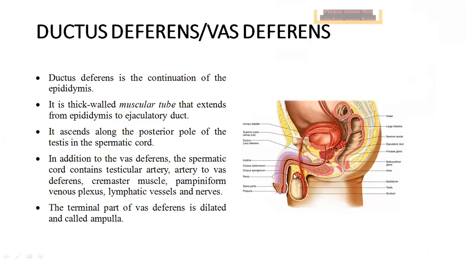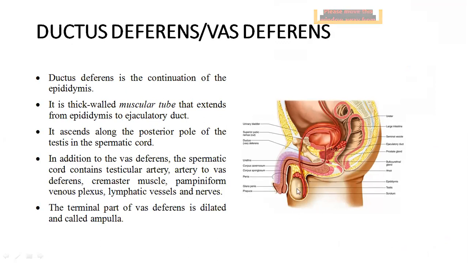Now, the ductus deferens is the continuation of the tail of epididymis. It is a thick-walled muscular tube that extends from the epididymis to the ejaculatory duct. It ascends along the posterior pole of the testis in the spermatic cord. We will learn the details of the spermatic cord when we do abdomen.